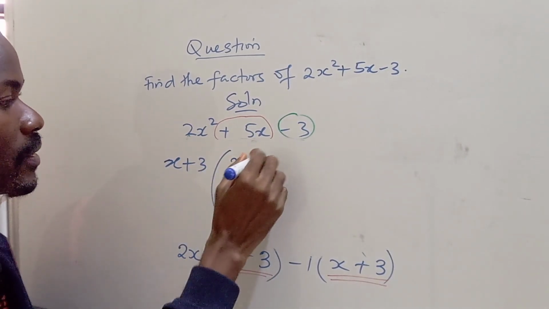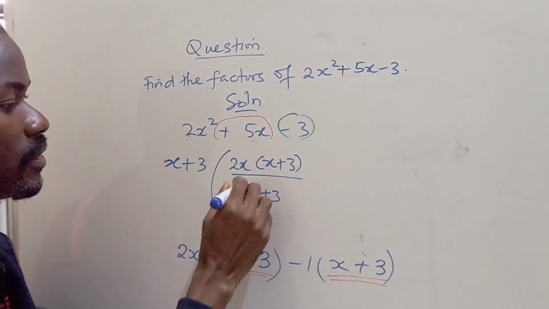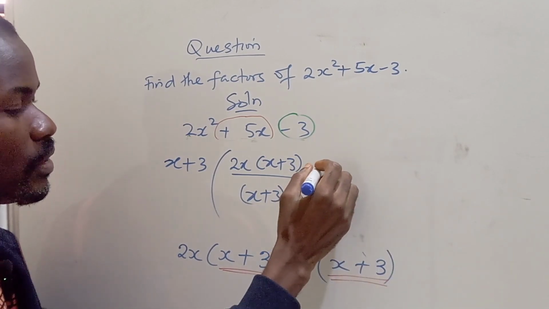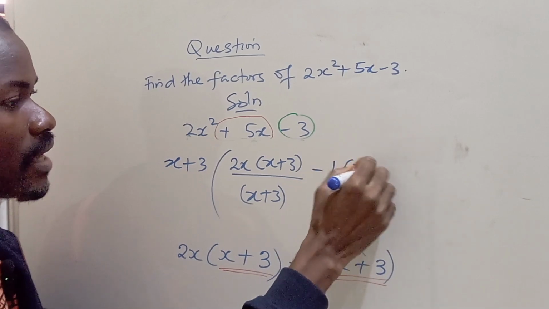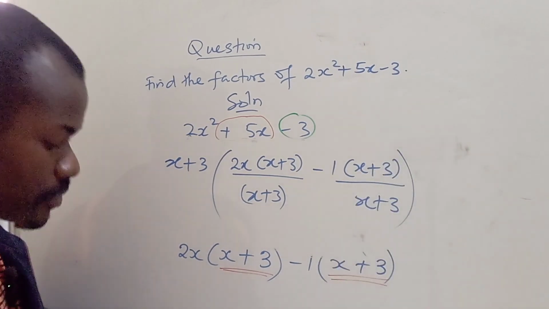I have 2x times x plus 3 divided by x plus 3, and for this part, minus 1 times x plus 3 divided by x plus 3.